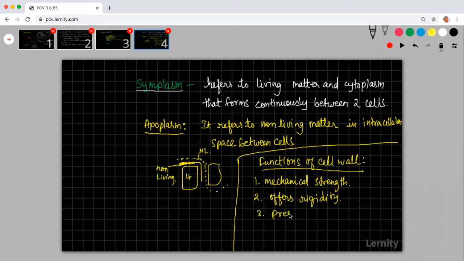It prevents osmotic burst. It controls growth and shape. These are all functions of the cell wall. You can quickly write it.